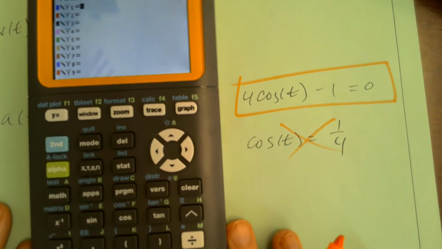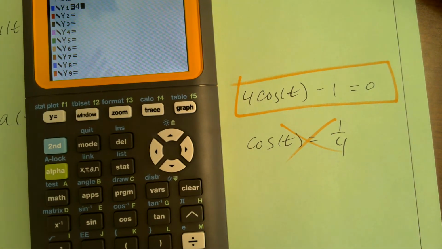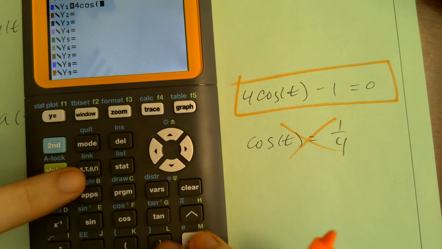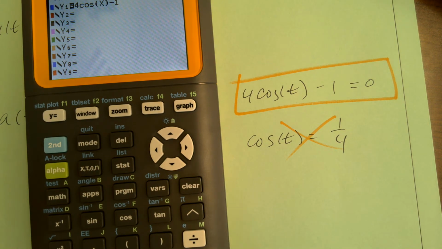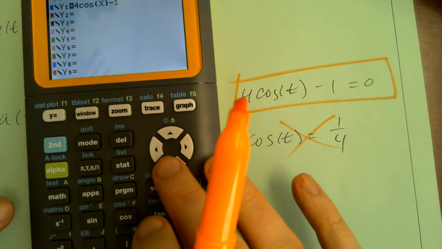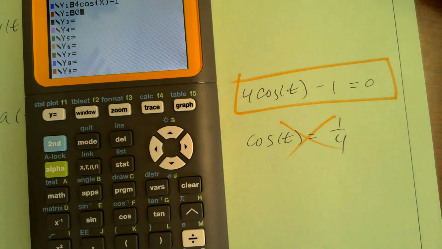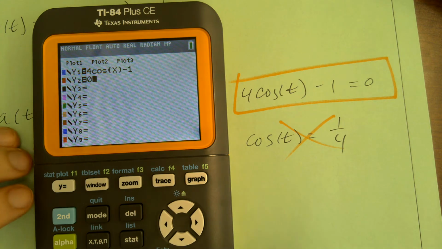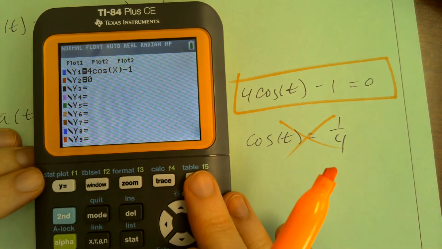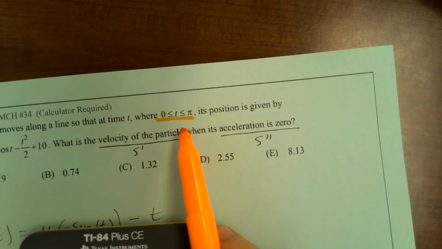I'm typing in 4 cosine of x minus 1. And on the right side, that's going to be 0, so I would just put 0 in for that. That way we can use the intersection function instead of using the 0 function. Then we want to be looking at it on this window.